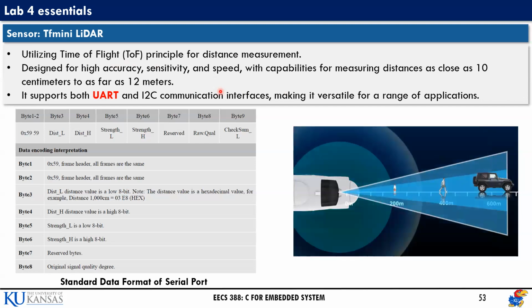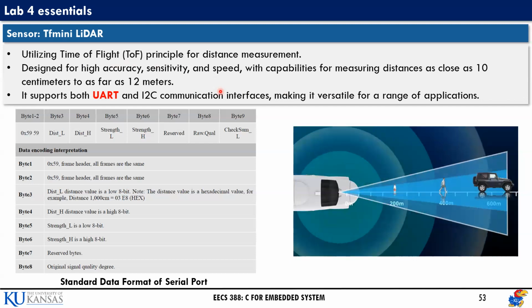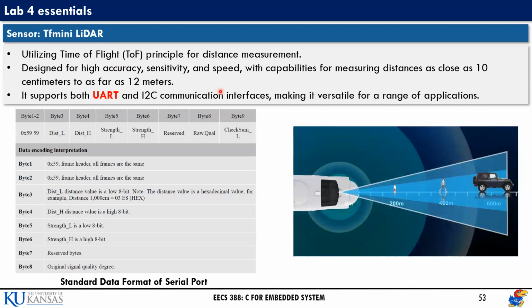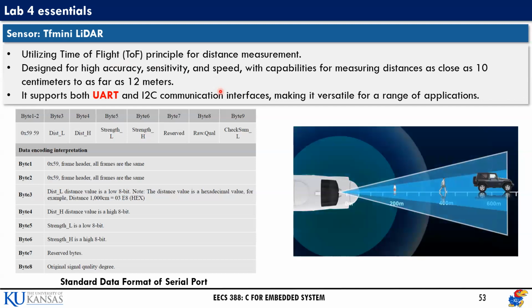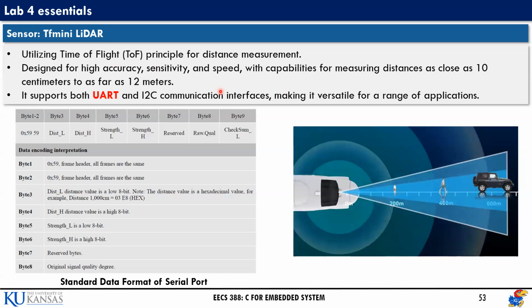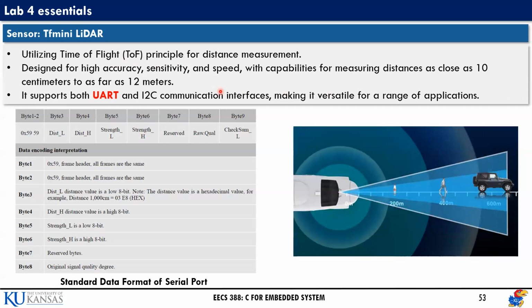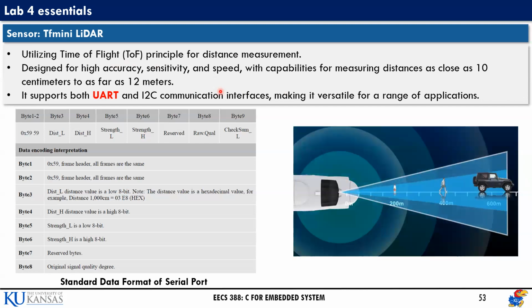As we are already done with our lab 3, in lab 3 we saw how we can utilize the UART to communicate from our computer to the microcontroller. So now this sensor is also capable of creating a communication channel between the UART and itself.